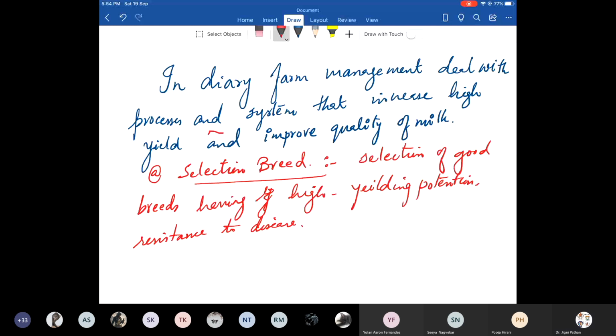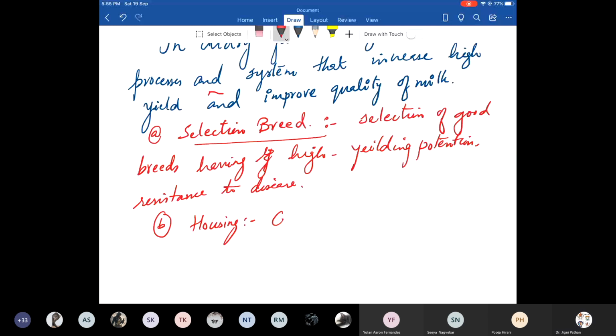Cattle should be housed well, and very important, should be given adequate water. The drinking facilities should be provided with good drinking water.